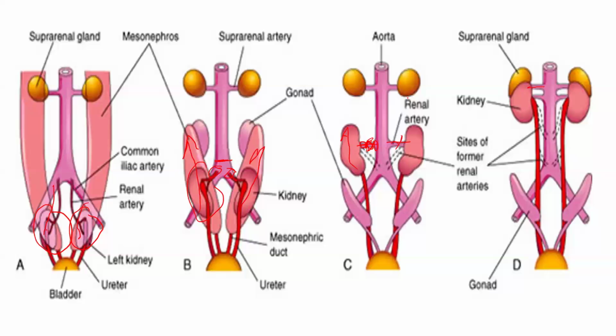Now I want you to ask yourself, what could happen if these former renal arteries failed to involute? If they failed to involute, you would have an accessory renal artery. Accessory renal arteries are compatible with life. You can live even 100 years with an accessory renal artery.